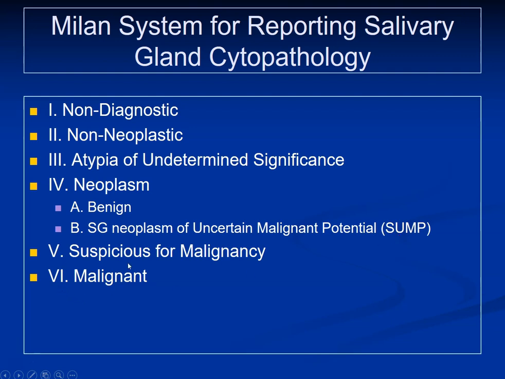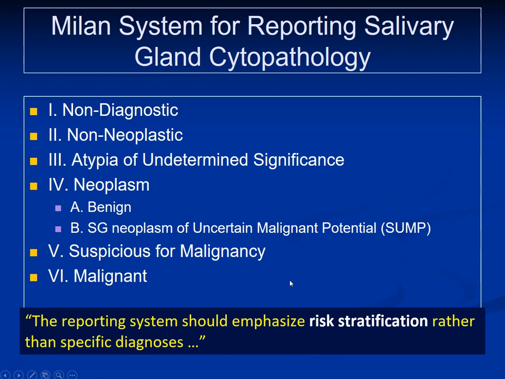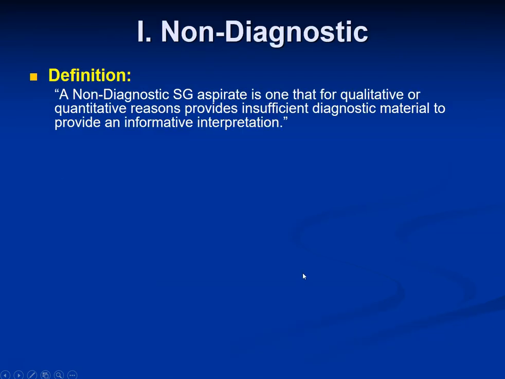Then category 5 is suspicious for malignancy, and category 6 is malignant. The authors stress that the reporting system should emphasize risk stratification rather than specific diagnoses.